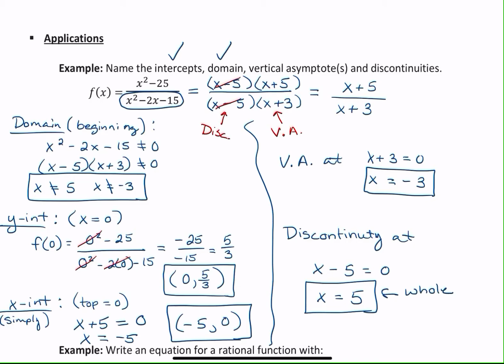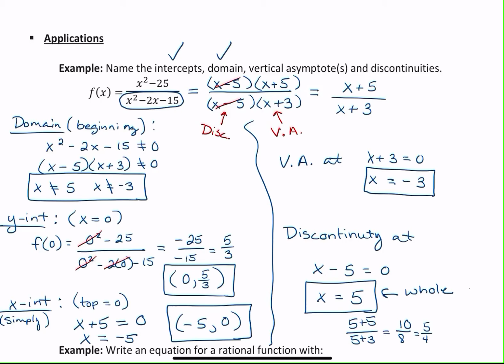Now if you want to know where that is, where it crosses at x equals 5, basically looking for the point, if you plugged 5 into the original equation, you're going to get 0 in the denominator because you would have 5 there and 5 there, and it would end up zeroing this out. So instead, if you plug it into the simplified version, you'd end up with 5 plus 5 over 5 plus 3, which would equal 10 over 8, or 5/4.